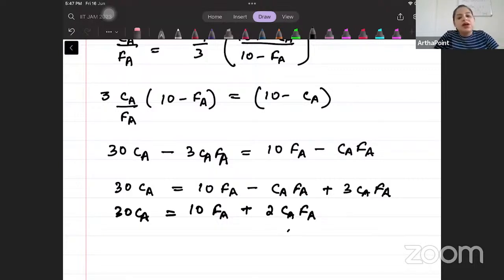This will be the answer to this question. This will be your contract curve. I hope this is clear to you. I'm just equating MRS to PX by PY and I'm getting the answer in this case, right? So this is what will happen in this case. This is what is mutually beneficial for them, right? So this is the answer to this question.